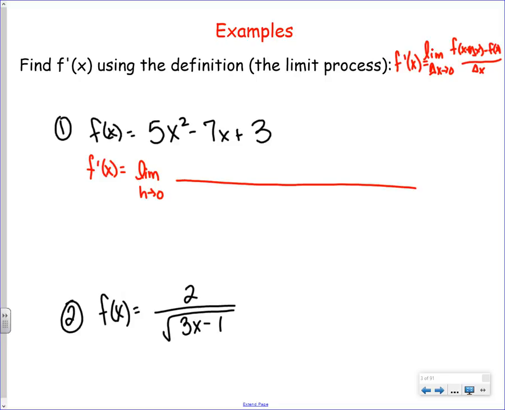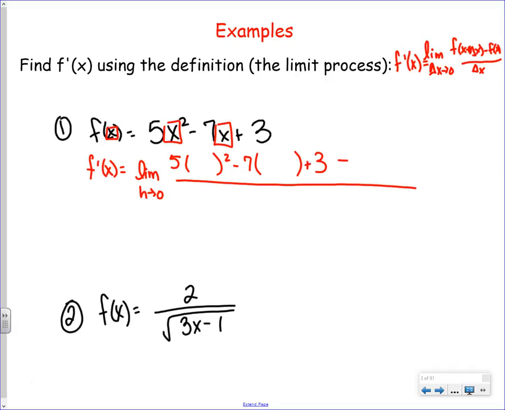okay, f of x. I have arguments inside the function, right? As I'm explaining to pre-cal currently, whatever goes in these parentheses is not f times, it's f of, and that needs to go inside each of the inputs in my formula. So when I have f of x plus delta x, I have 5 times somebody squared minus 7 times somebody plus 3.